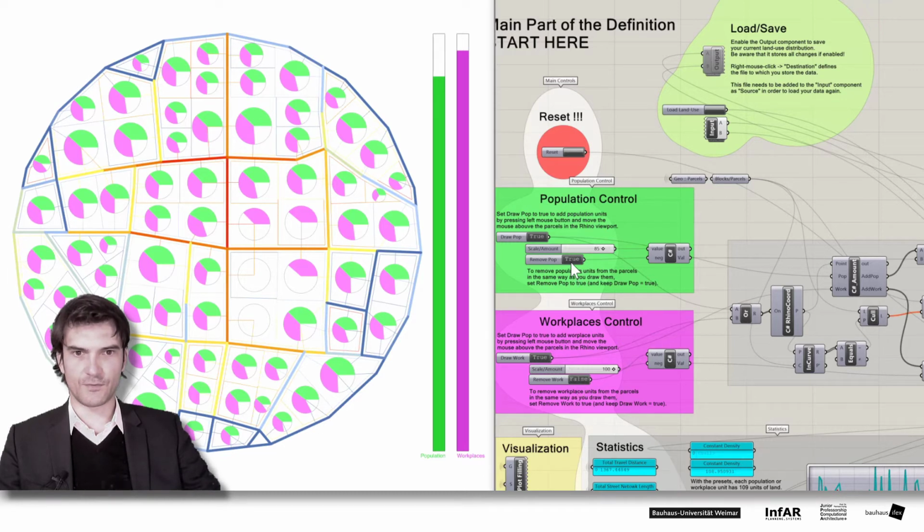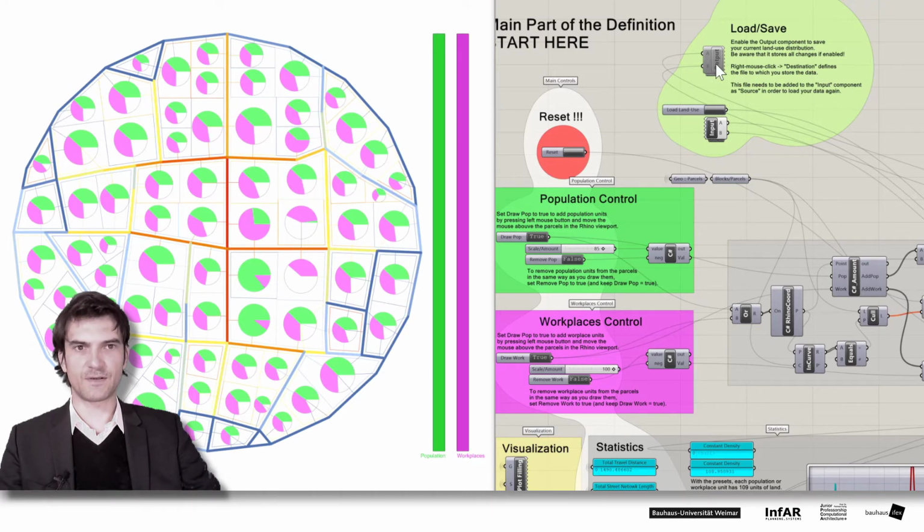Now we want to draw population units again, only here and some here and a few here, and workplace units as well. So just to have a different pattern, so that you see how you can save it.